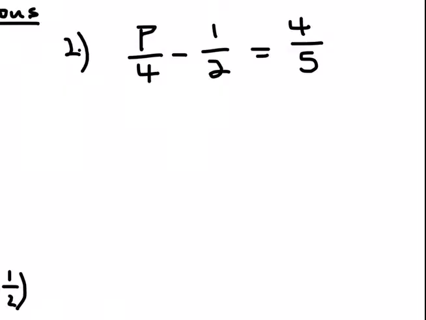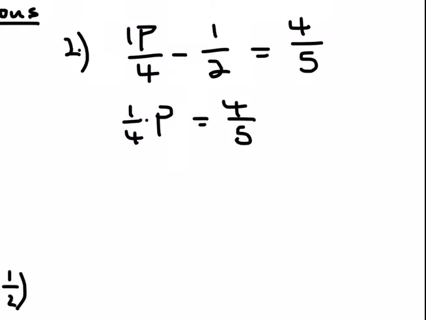Okay, again, I'm sure by now you realize you've got an invisible one there. So let's just write it in that proper way of saying 1 over 4. It is therefore multiplying that p. We will say equal to not 5 but 4 over 5, because that's what you have already.